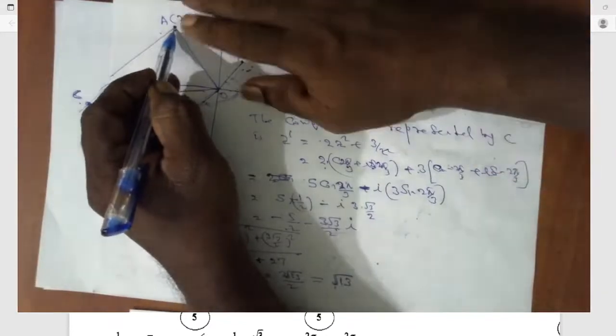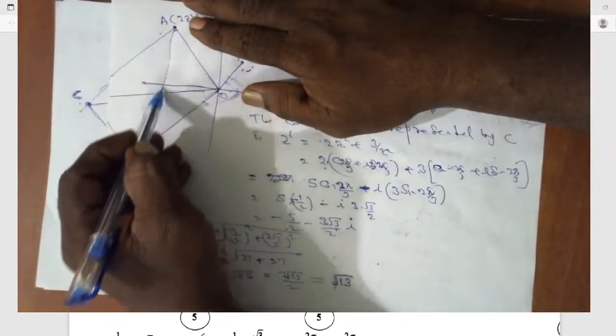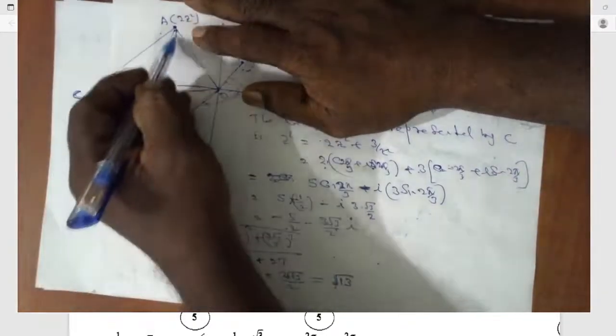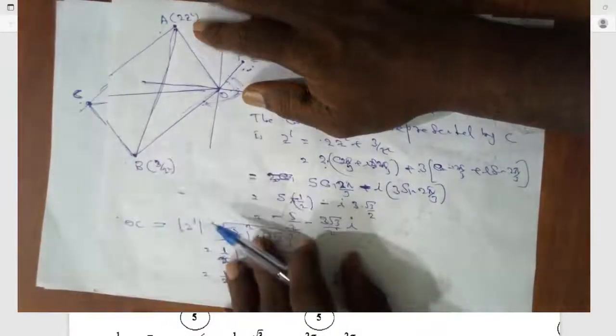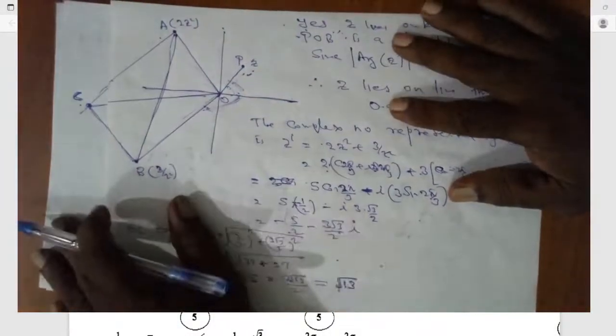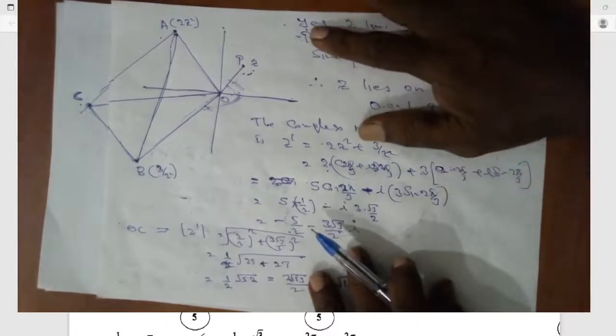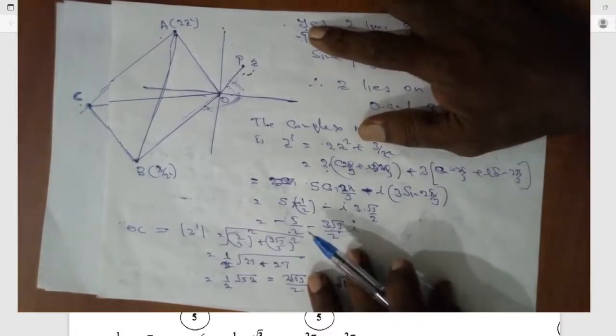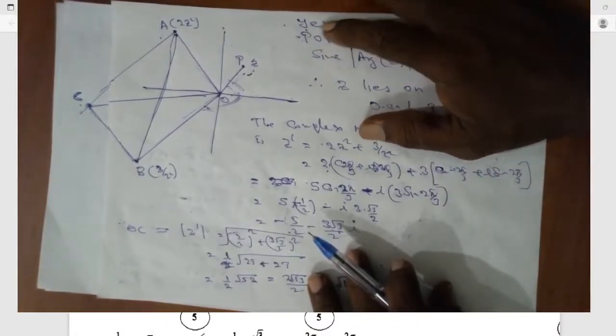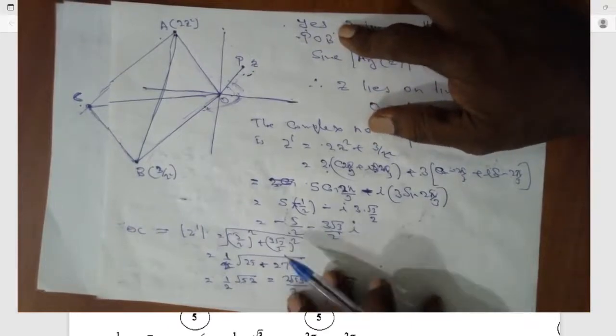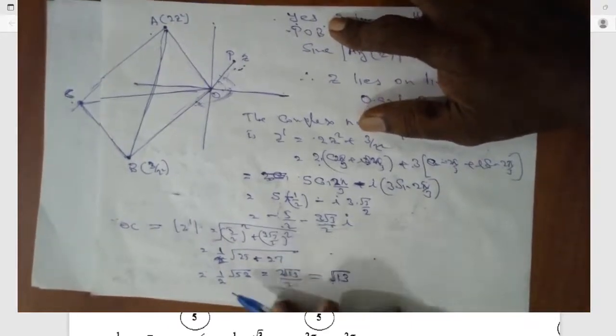Can you tell me the other diagonal? How do you take the other diagonal? This diagonal AB is 2z squared minus 3z squared. Right, the difference. So you have to take the modulus of the difference of two complex numbers from the distance formula. Do you remember we did that distance formula?